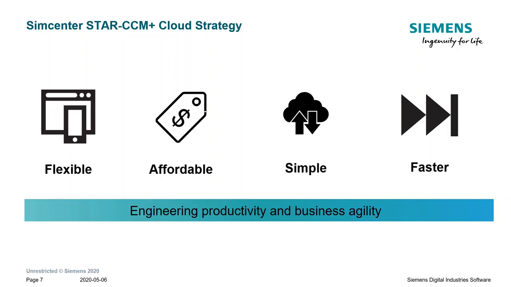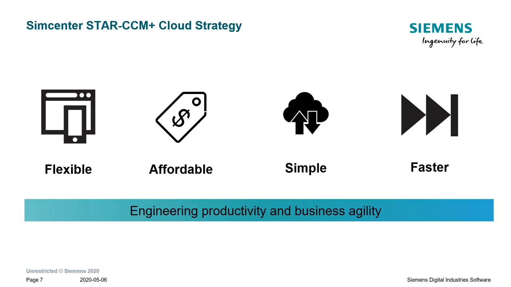It means you have a very simple web interface. Once you have set up your file and have it on the cloud, you say how many processors you want. And of course, you want to be faster. I will talk more about what we mean by faster, but we want you to innovate more rapidly than before.